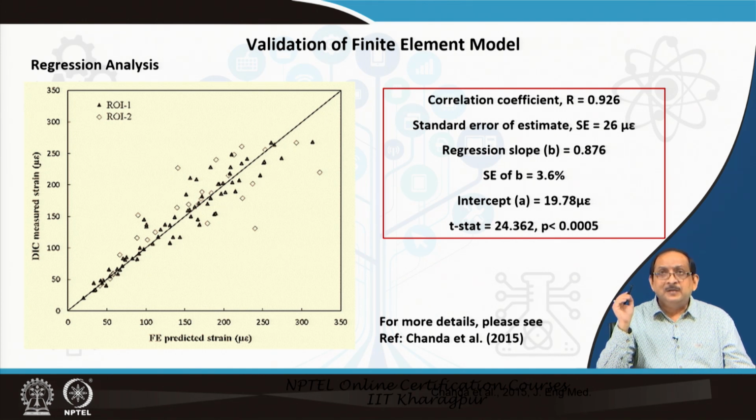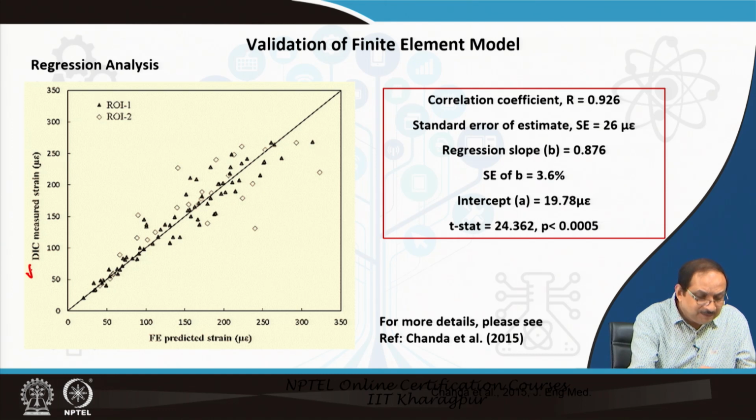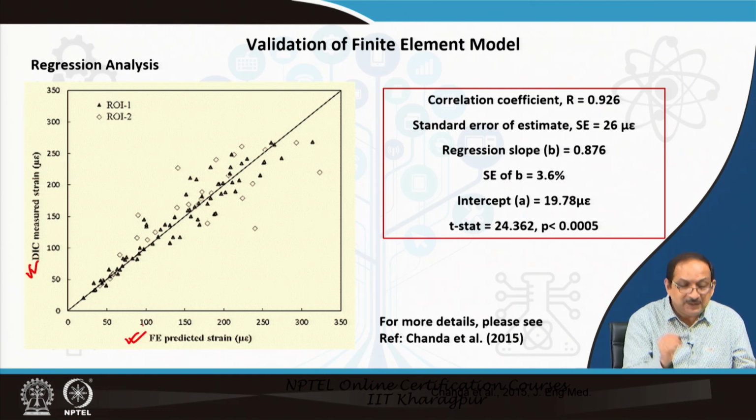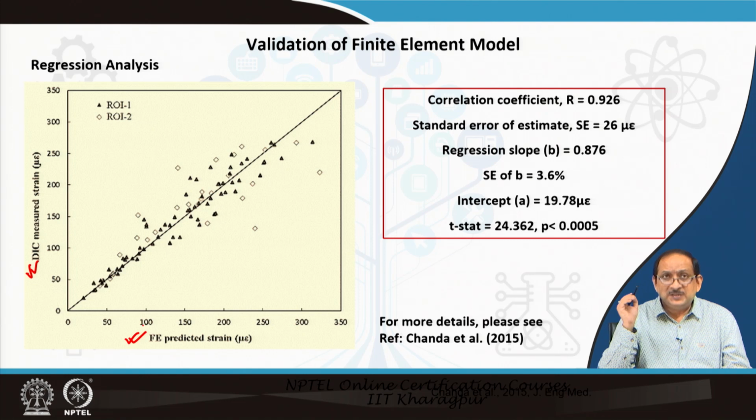If we perform a regression analysis of the DIC measured data and FE predicted data, we find the correlation coefficient R is equal to 0.926, with a standard error of 26 microstrain.